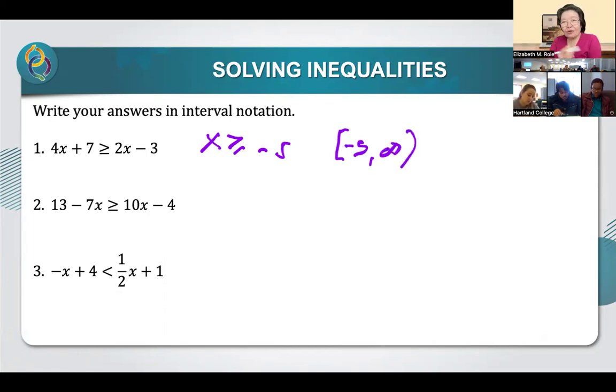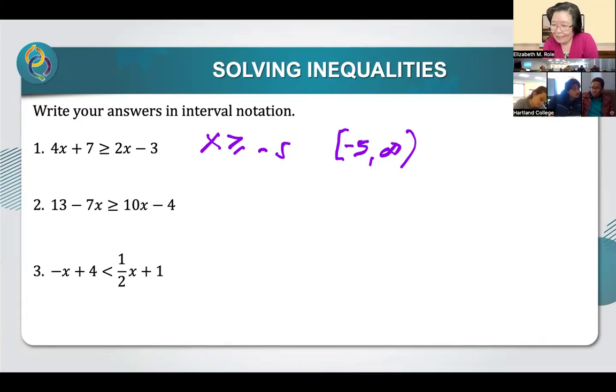But for infinity, you always use parentheses. So if it's greater, you begin with that number and then put infinity. If it is less, you begin with negative infinity, then that number. So I hope you see the relation. The square bracket at minus 5, then positive infinity.